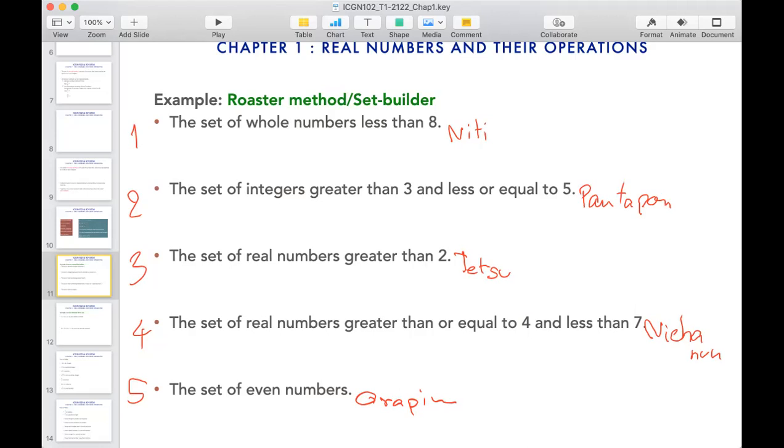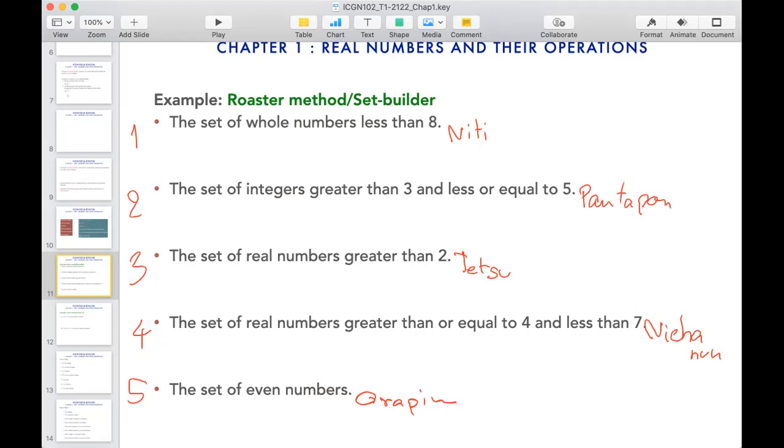Now, question number 3. Let's try to think of the numbers that can be in this set. The problem for a real number set is that you cannot list out all the numbers because there are so many. Like when you have a line, if I ask you how many points are there, right?